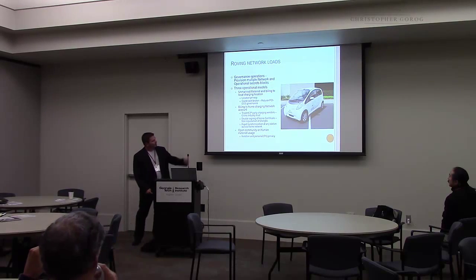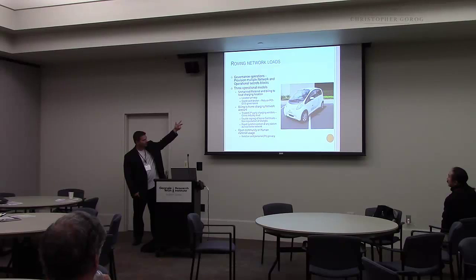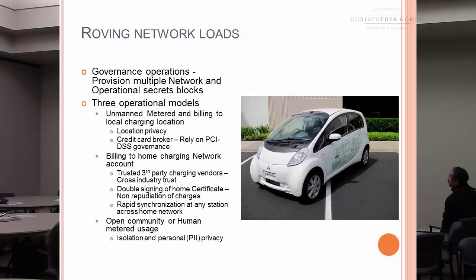But the consortium with autos is looking for those three use cases, and without going into details on it, you can support all three of those with this kind of security base in each device. And here's kind of how you do it. You just add another block.